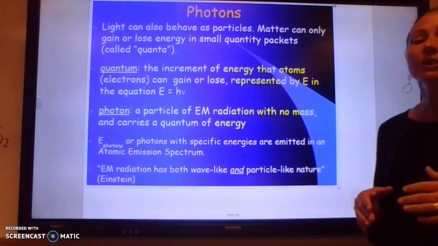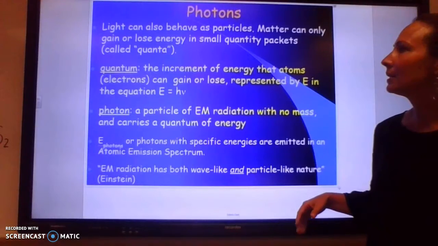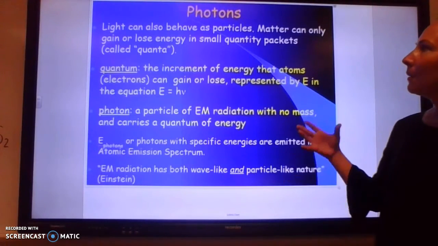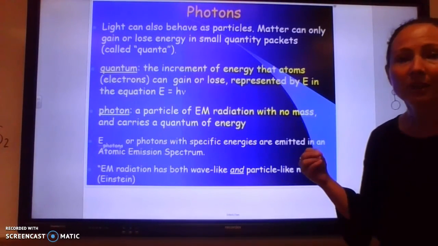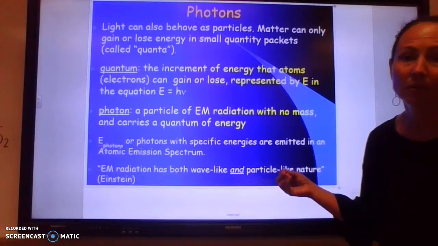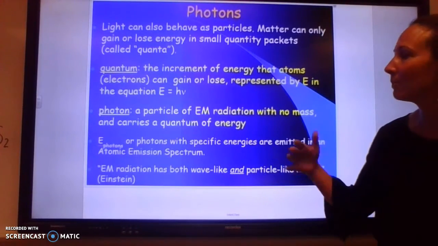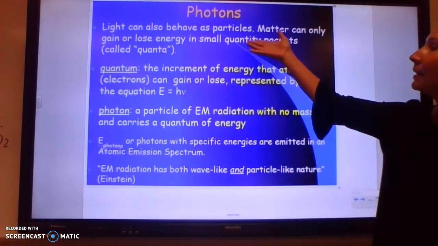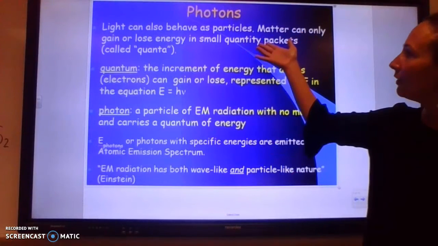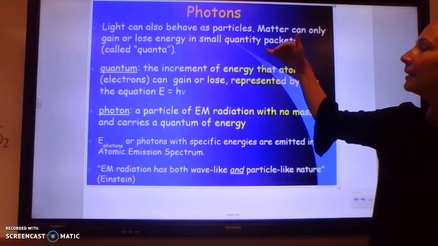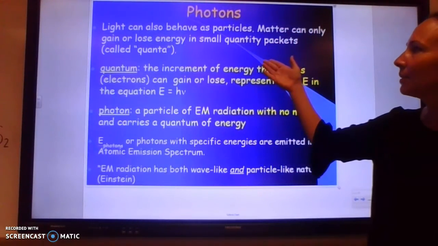Okay, so as far as photons go, photons are just basically the way that electrons behave when they're behaving as particles. Okay, so electrons can behave like particles and waves, and the electrons are giving off this energy as light, and the light particles are called the photons.